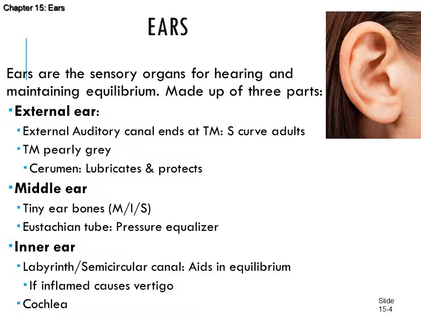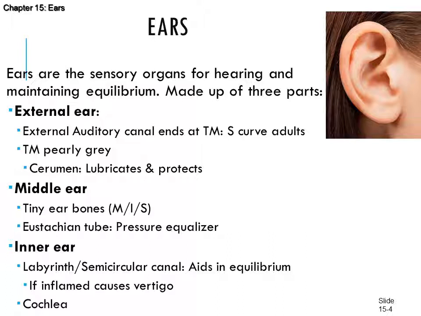When we look inside the external ear canal, you may see a yellowish or brown substance called cerumen. The cerumen is protective of the ear. It lubricates the ear. Sometimes patients clean it out with a Q-tip, and then what happens is that they're pushing it back in the ear, creating an impaction zone.